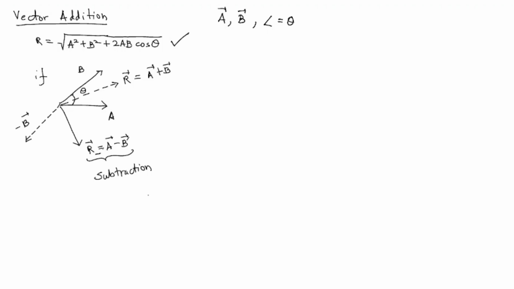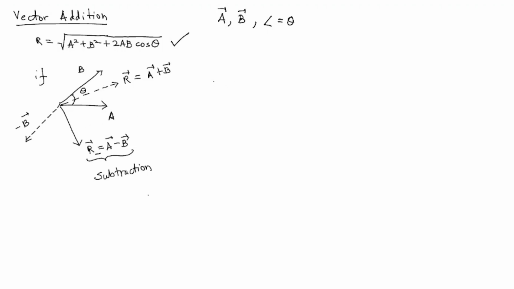So as I've always mentioned, subtraction and addition can be carried out by altering the direction of vectors, right? So in this case, there will be a slight change in formula.